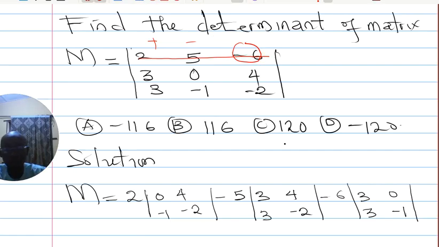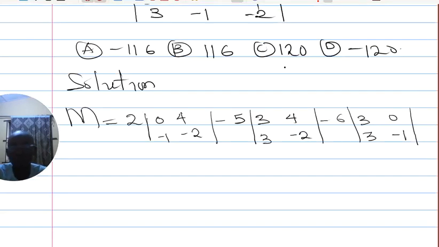Now let me find the 2 by 2 determinants. Here my M is equal to 2 times 0 times minus 2 minus 1 times 4. Don't forget we will have double minus here.